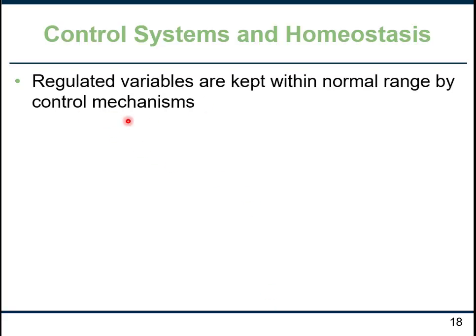All right, so here I just have a few sentences about what I just talked about, so you can go ahead and write these down if you like. But basically, homeostasis is maintained due to control systems within the body. What these control systems do is they regulate variables such as solute concentrations or maybe the amount of heat in the body and keep them within a normal range.